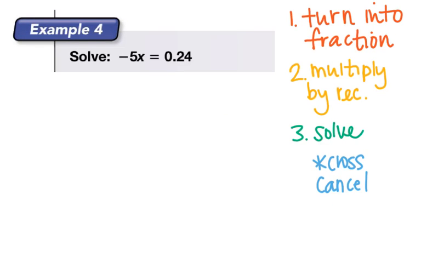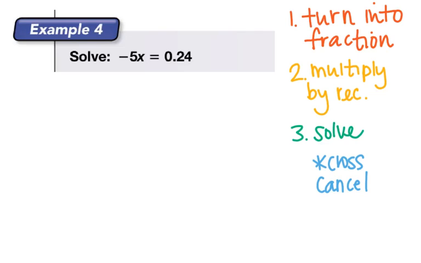And here we are at our last example of the day. Negative 5x equals 0.24. Okay, number one, turn into fractions. Well, we don't need to. We have an integer, we have rational numbers. We don't need to turn anything into fractions here. Okay, multiply by the reciprocal.